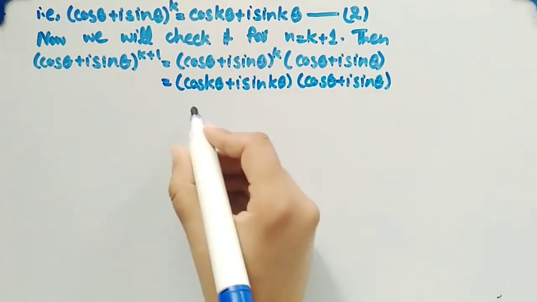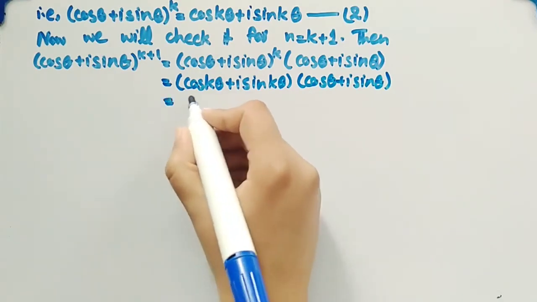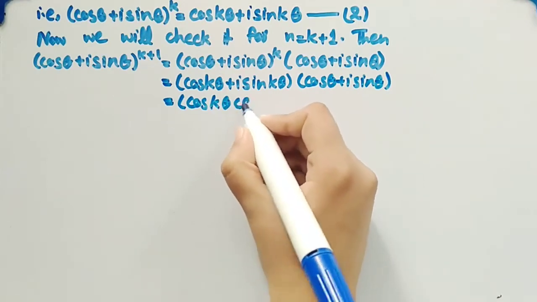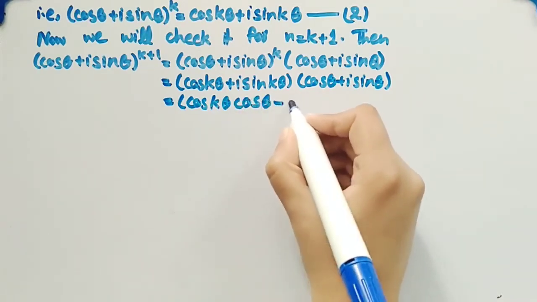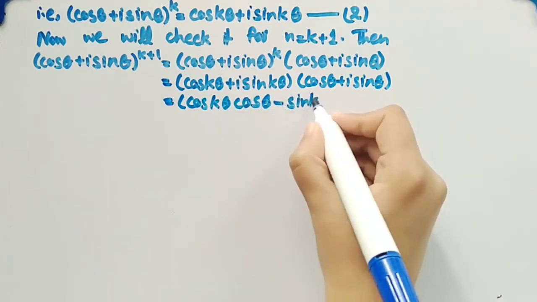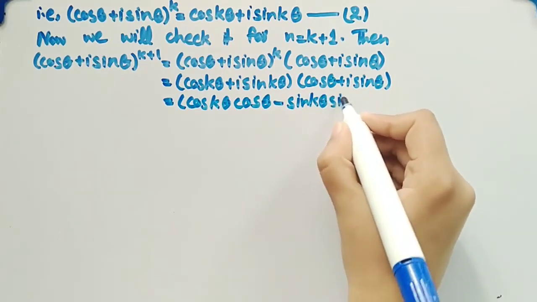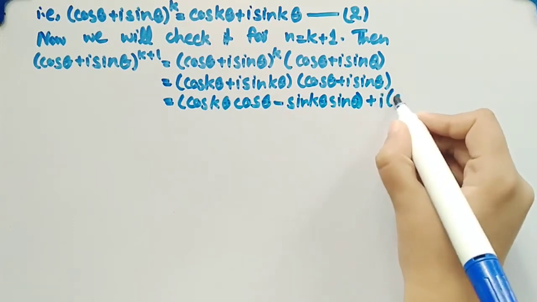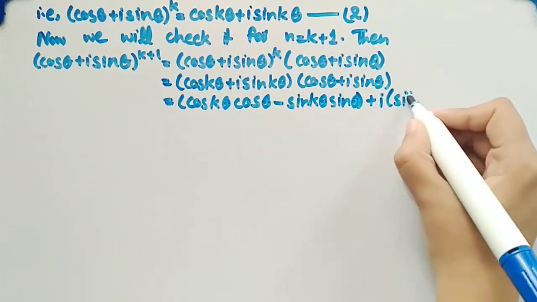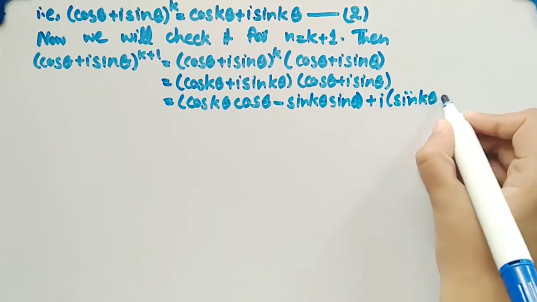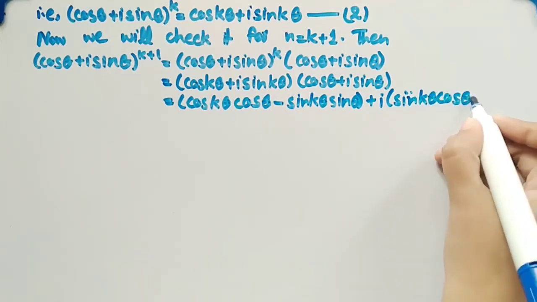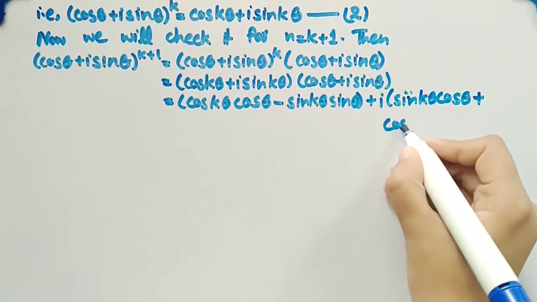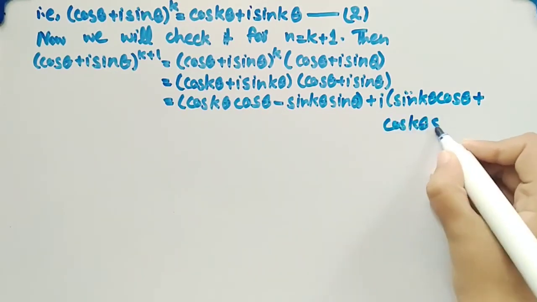Now by multiplying these two, we get cos k theta into cos theta minus sin k theta into sin theta, plus iota times (sin k theta cos theta plus cos k theta into sin theta).